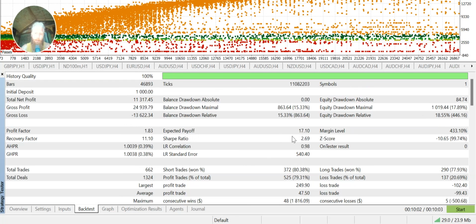This is why our Sharpe ratio is more than 2.5, which is a very good result. Of course, here our profit is like 1,000%.